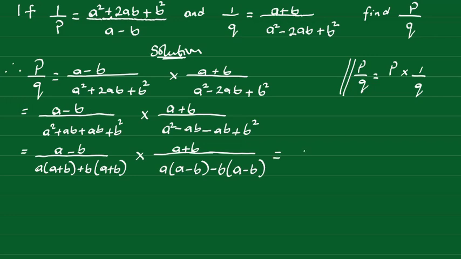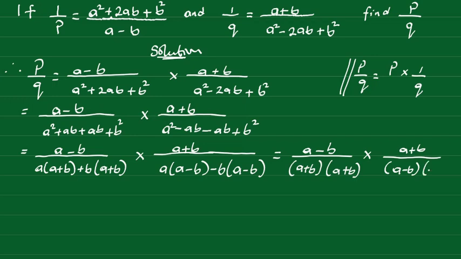This is equal to a minus b divided by bracket open a plus b bracket close bracket open a plus b bracket close, times a plus b, it's our numerator over here, divided by bracket open a minus b bracket close bracket open a minus b bracket close.